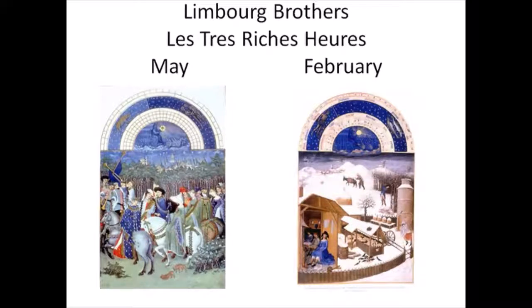And then the Limbourg brothers depicted upon that page a scene of primary importance to that month. For example, it was on May 1st when the young men and the young women went on this grand procession into the countryside to collect branches and bring them back to town for this great bonfire and great party that they would have later on.